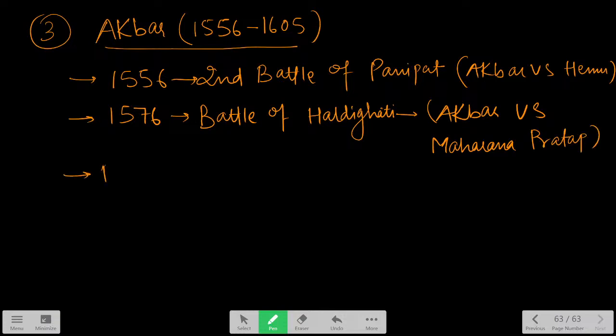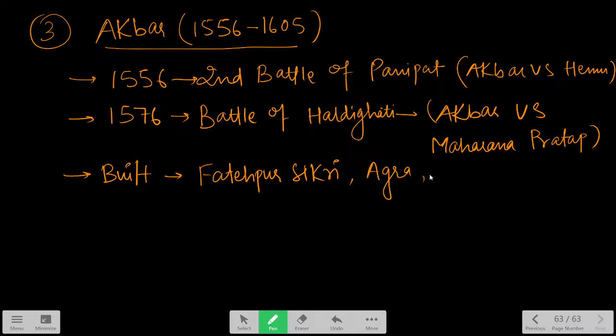Akbar built a lot of things, right? Akbar built Fatehpur Sikri, a different city, in very close proximity to Agra. He made Agra the capital.